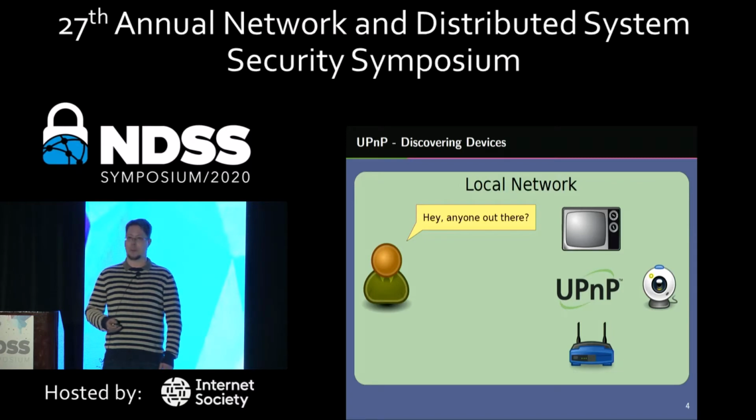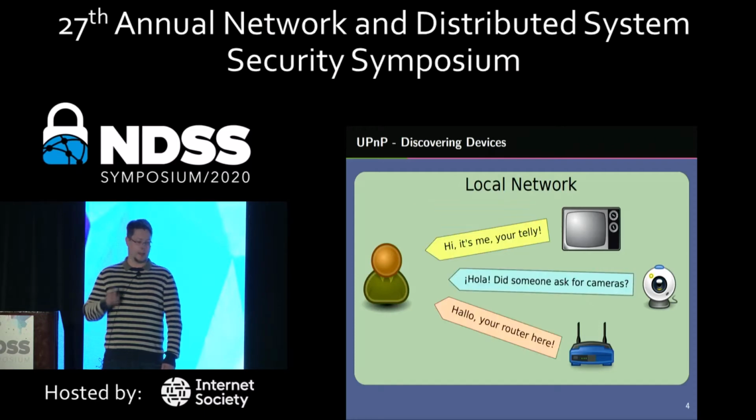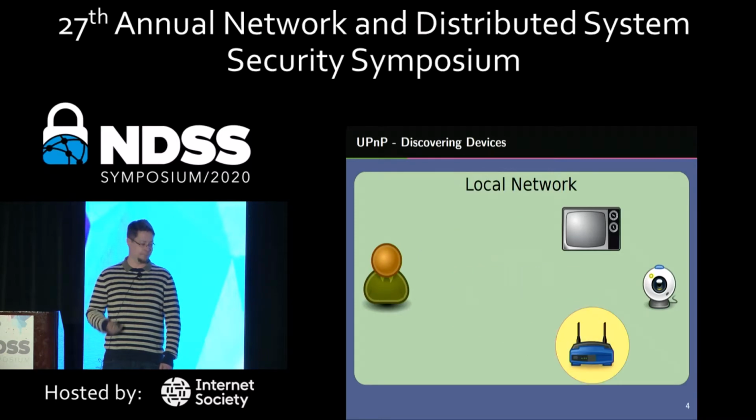So it will simply ask over multicast on the network, hello, who is there? And as a response, the devices supporting UPnP will respond, hey, I'm here. Here is a URL you can use to fetch more data about me.